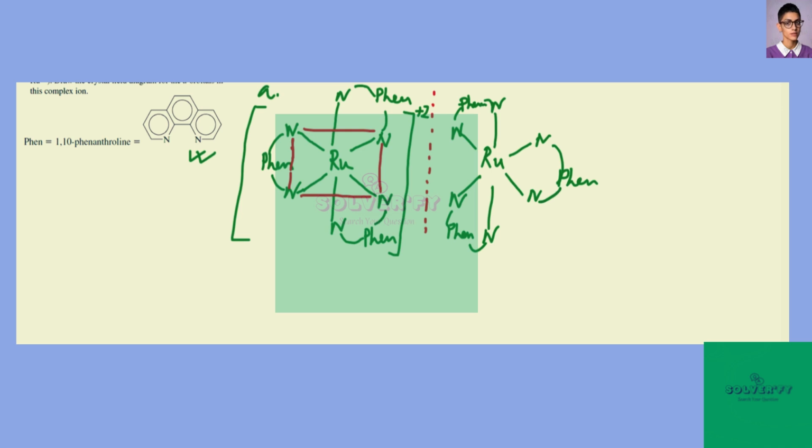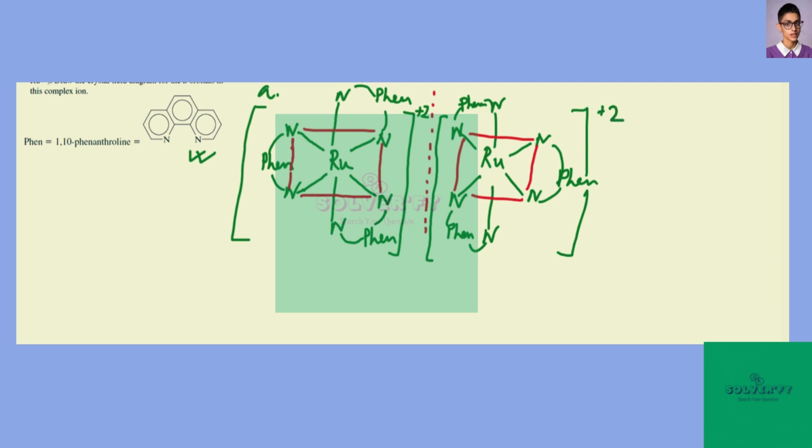And here also the image will remain the same, that is, this is square planar geometry at the center, and one bond is above the plane and the other is below the plane. So by this the whole structure is octahedral, and this whole complex should be inside the bracket. And outside the bracket it should be +2.